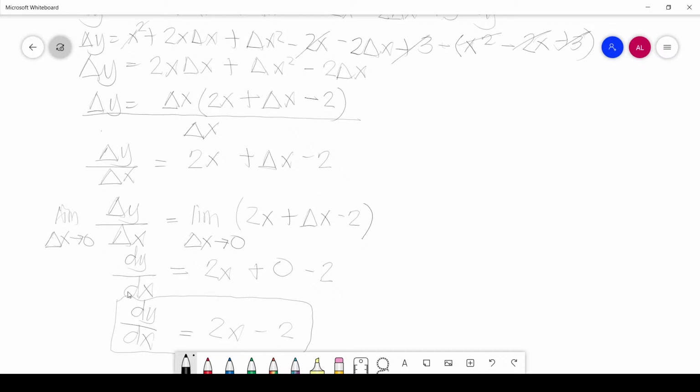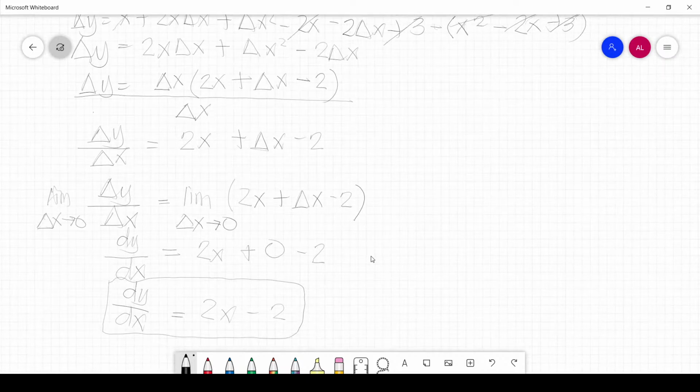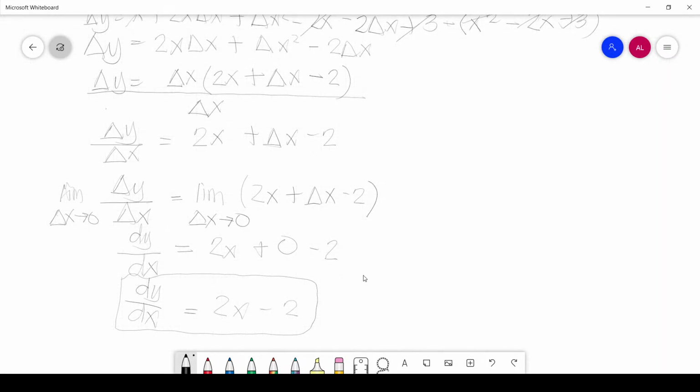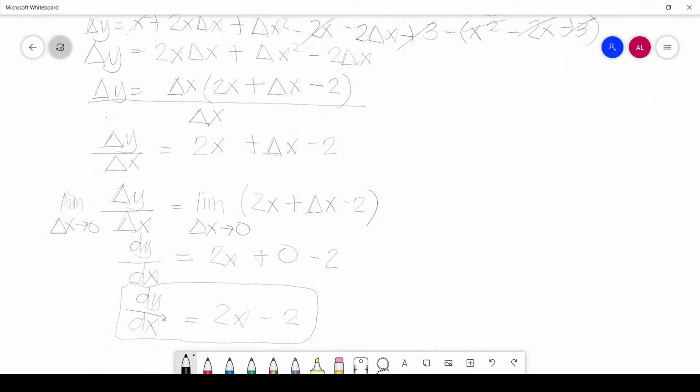I think for those who have not taken calculus in previous years, in dy over dx or y prime, usually we still have the variable. It is rare to answer with just a numerical value.